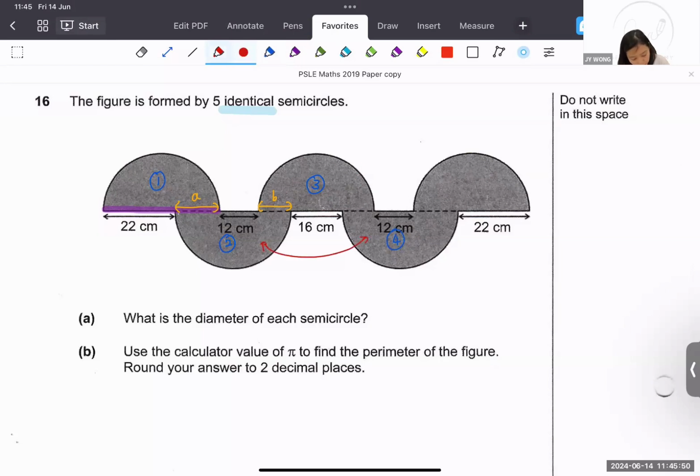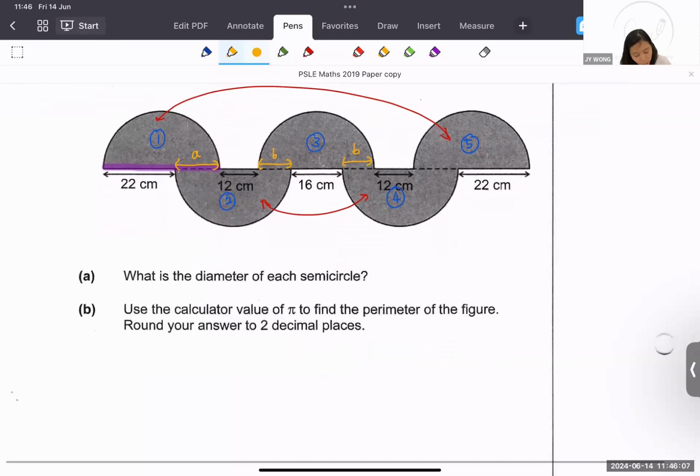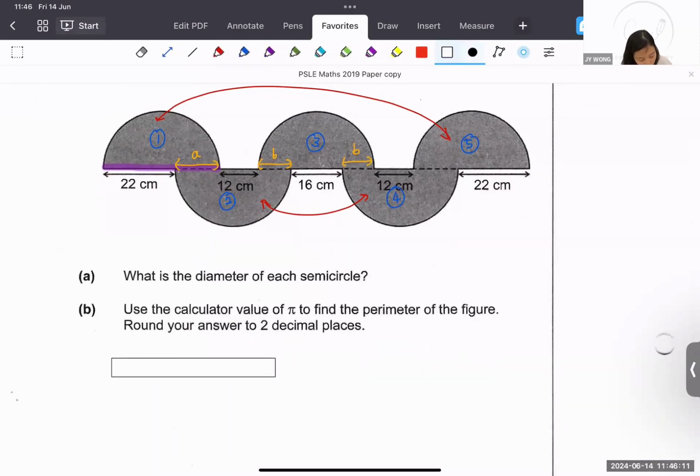The fifth one looks the same as the first one. So you will be able to see that this is actually your B as well. Now I'm going to draw the diameter based on semicircle 1, 2, 3.